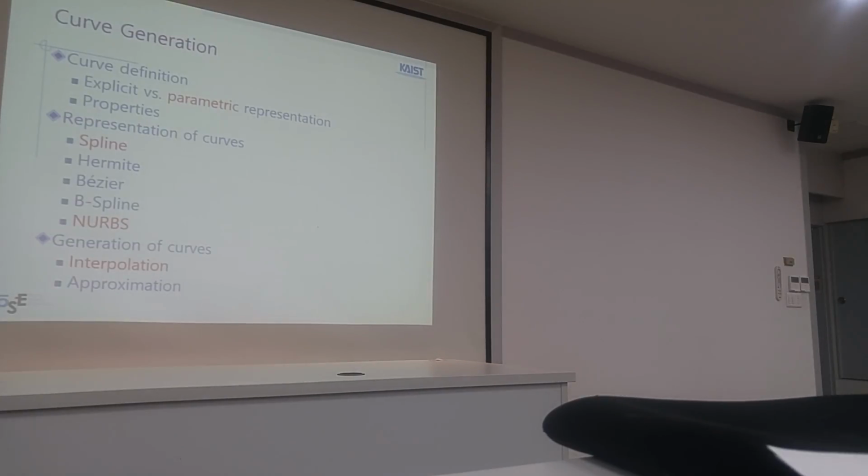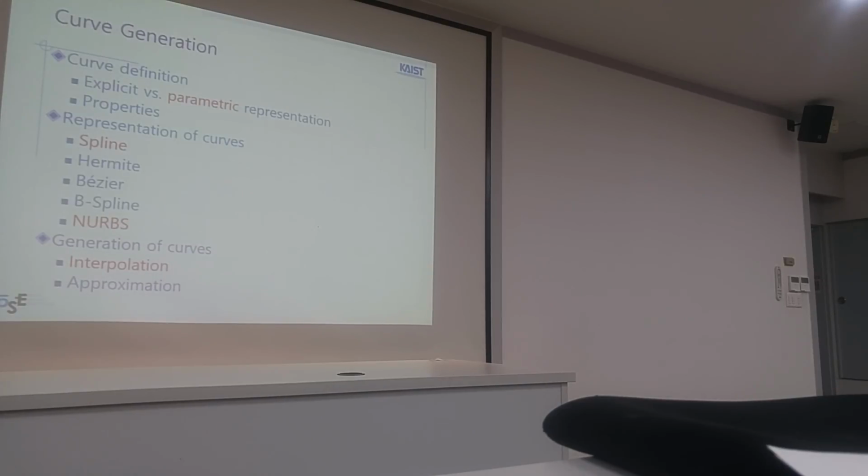Cubic means third power. Linear equation is straight, and second order is sectional or circular, quadratic. And cubic means third order, x to the power 3. And linear is a straight line.